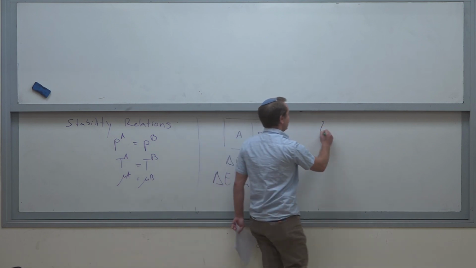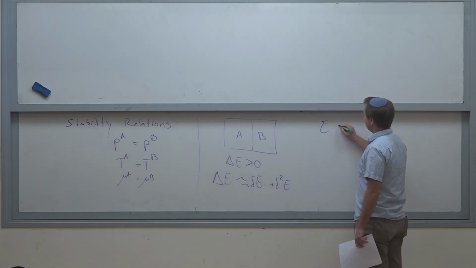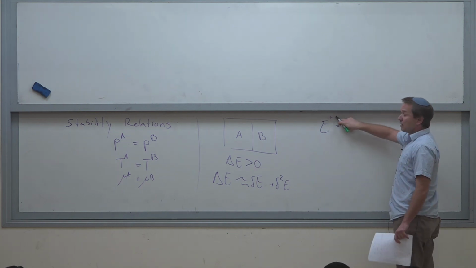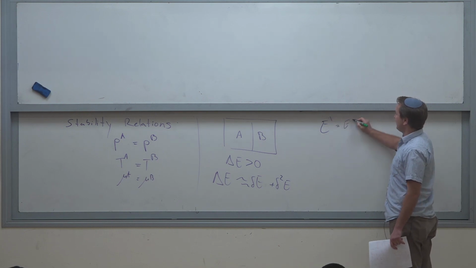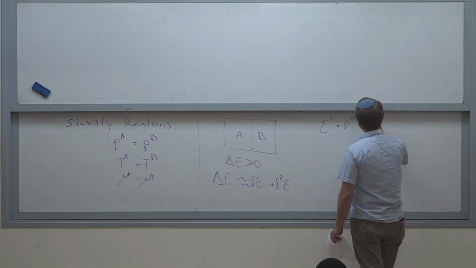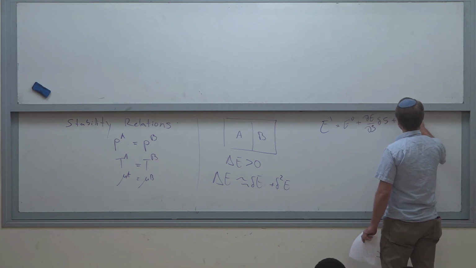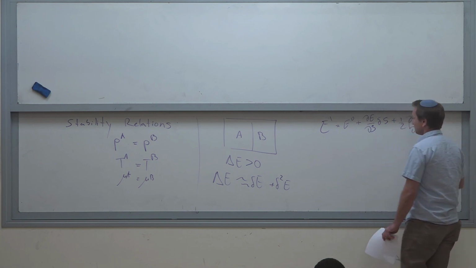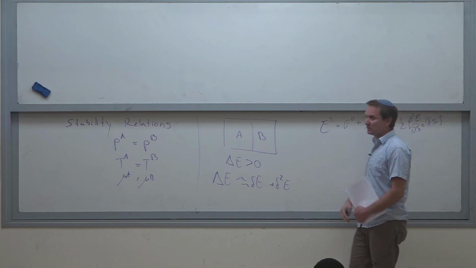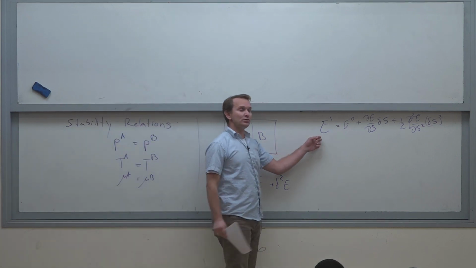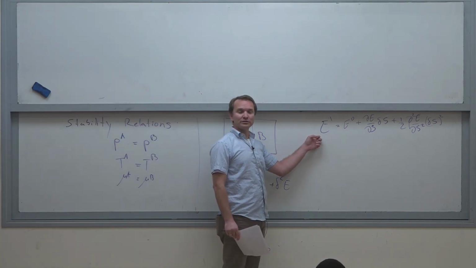Let's write it down like this: E prime minus E0 equals dE/dS delta S plus 1/2 d squared E/dS squared delta S squared. If I assume that E is a simple function of the entropy, this is going to be the Taylor expansion of this function.